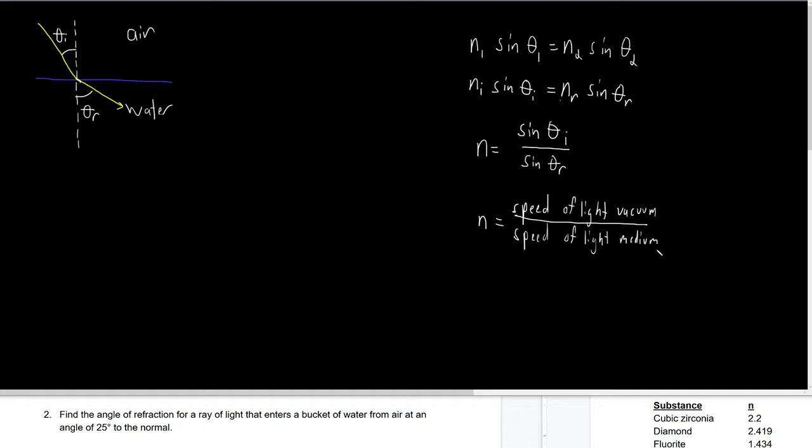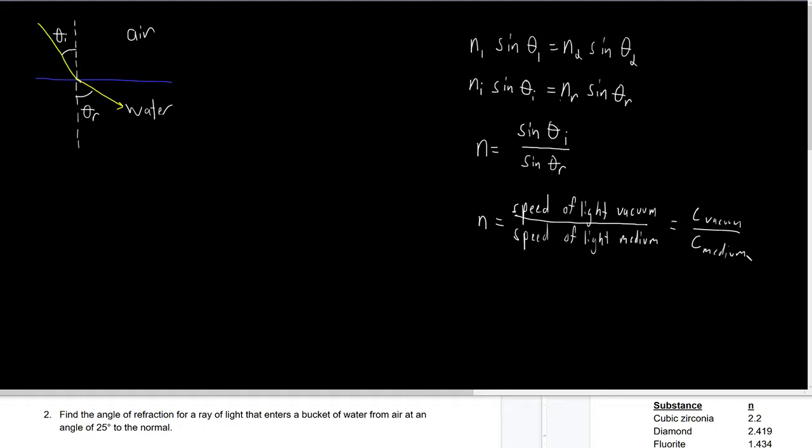That's what determines the index of refraction for a certain substance. In shorthand, n is equal to c, the speed of light in a vacuum, over v, the speed of light in a certain medium.